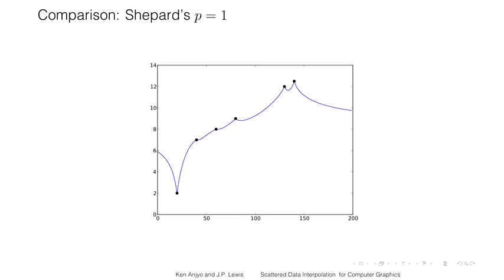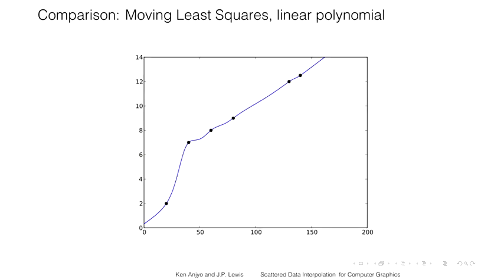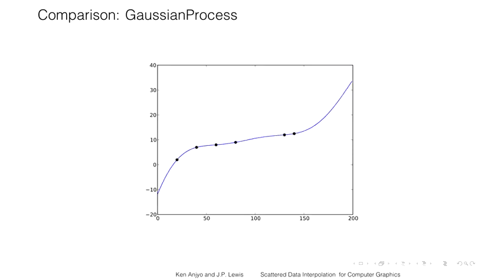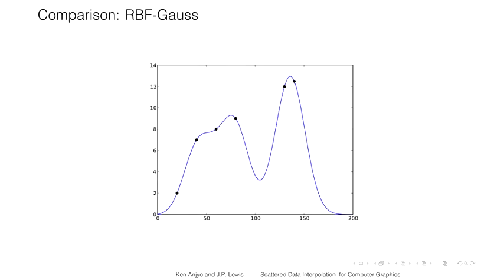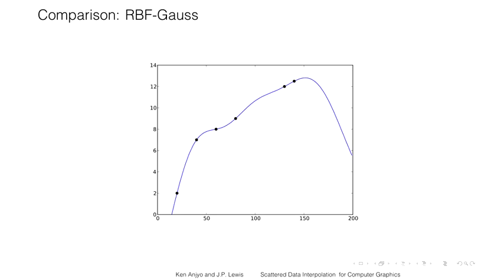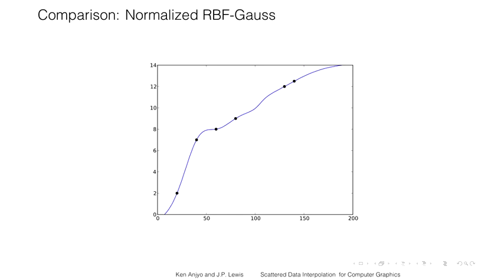Shepard's with p equals 1, Shepard's with p equals 2, moving least squares with a linear fit, moving least squares with a quadratic, a Gaussian process, Laplace interpolation, RBF with a Gaussian that's too narrow, RBF with a suitable Gaussian, RBF with a Gaussian that's too broad, normalized RBF with the same Gaussian, and cubic interpolation.